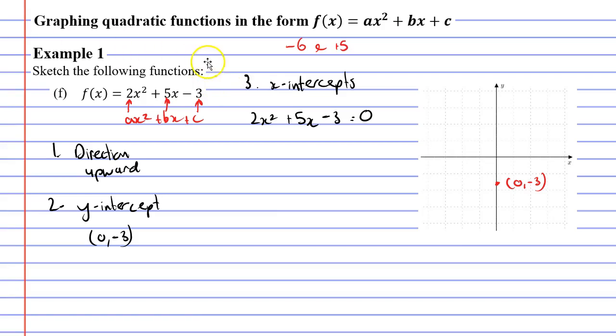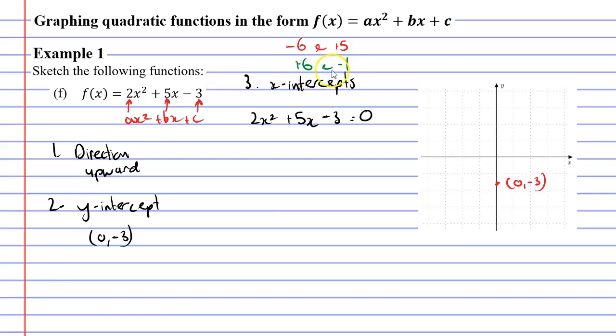We're looking for 2 numbers that multiply to make -6 and add to make +5. The 2 numbers I can think of are +6 and -1, because 6 when added to -1 makes +5, and 6 when multiplied by -1 makes -6.